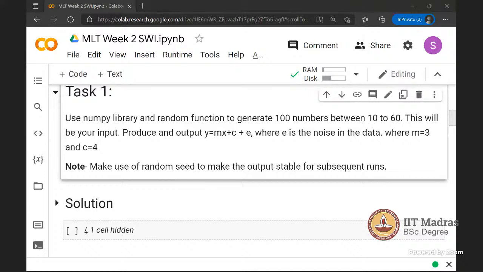Okay, I am already seeing an answer from Jaydev. Let's wait for 1 or 2 more minutes and let everybody follow up.